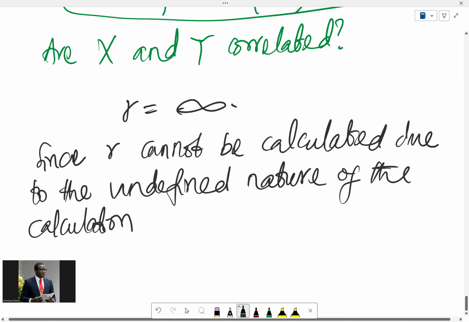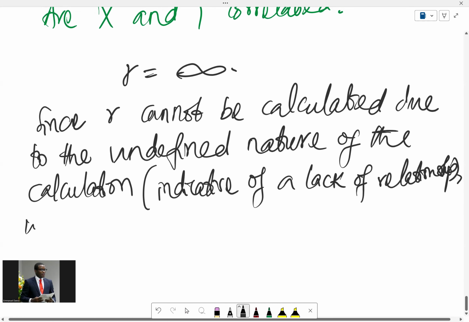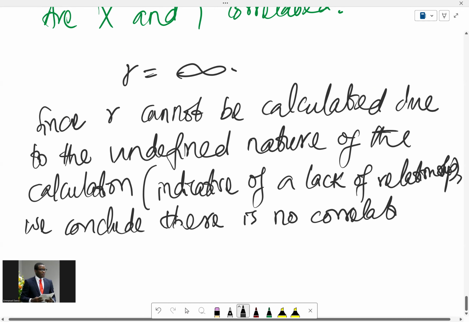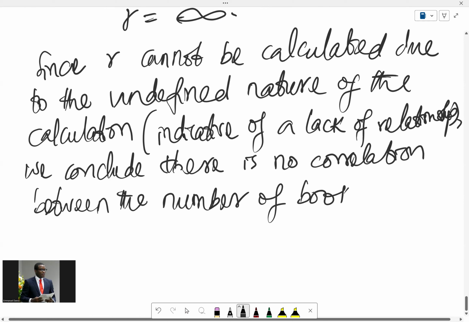That actually is indicative of a lack of relationship. So we conclude there is no correlation between the number of books read and weight. Maybe as expected, right?